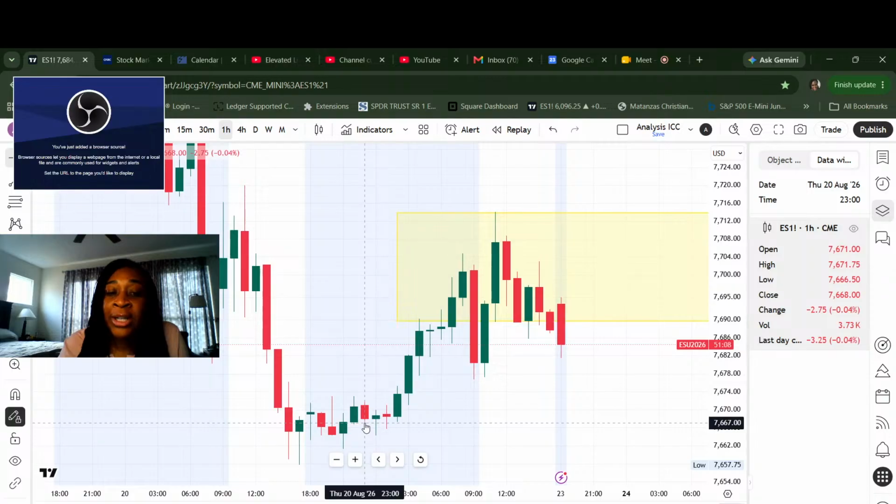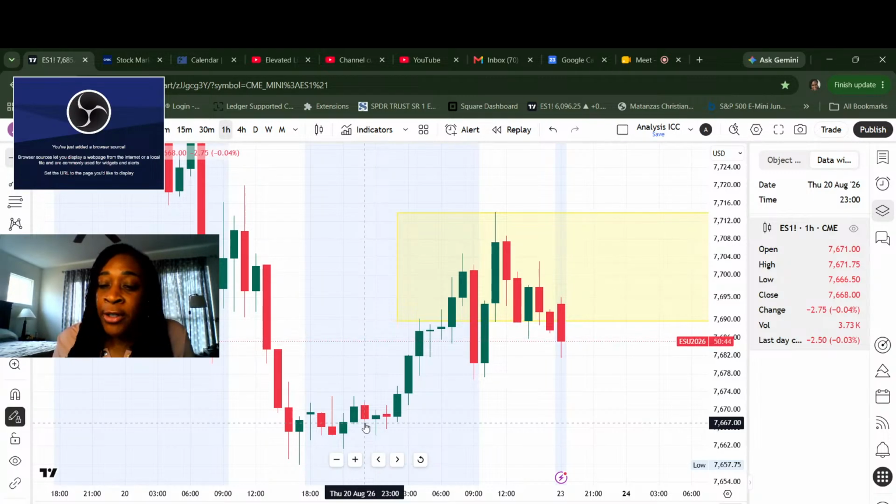But remember I told you the market opens at 6 p.m. on Sunday, and it stays open until the end of the week. The S&P 500 futures closes at 4:59 every weekday for an hour. So it closes essentially at 5 p.m. and opens back up at 6 p.m. in the evening.